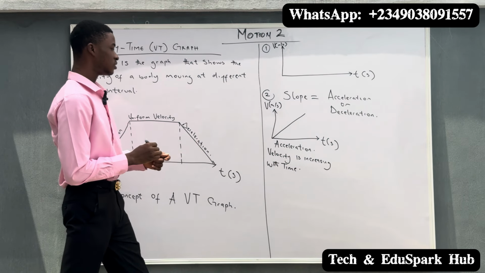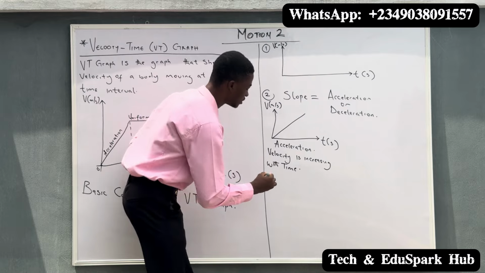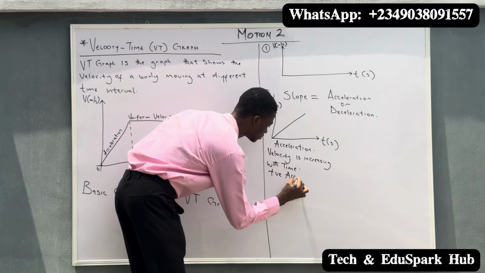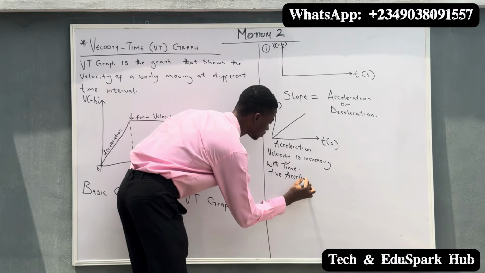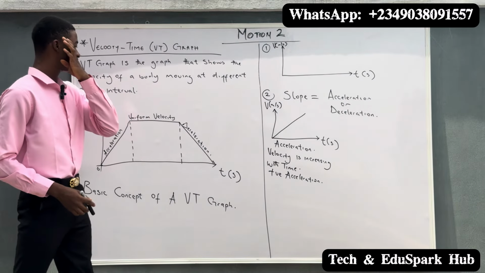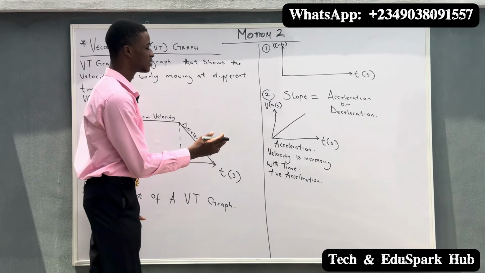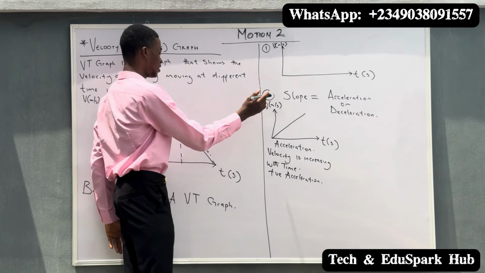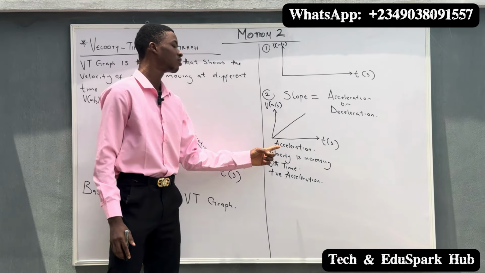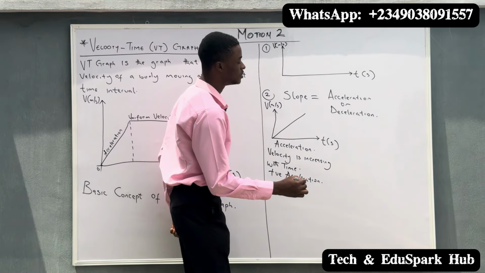And for slope of this type, we have the positive acceleration. So this is the second thing to know. You can see if the slope is like this, just like what we have here, it is the acceleration.